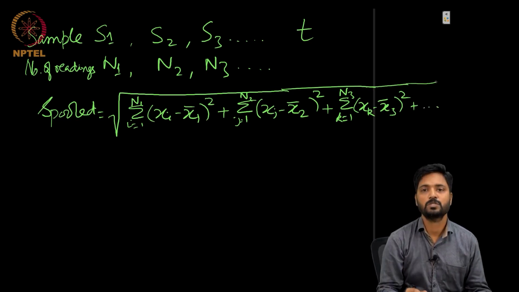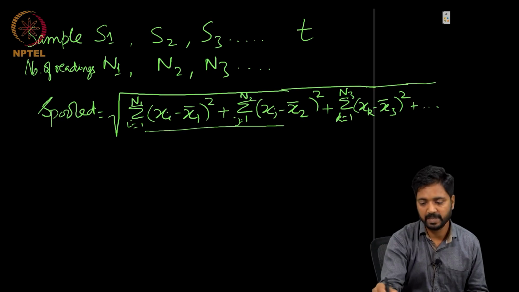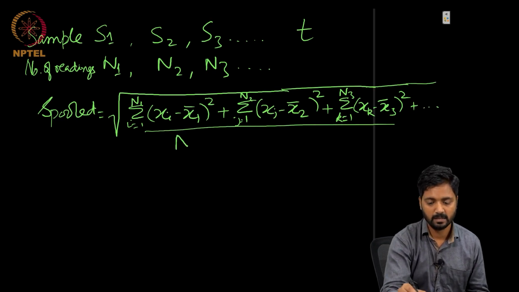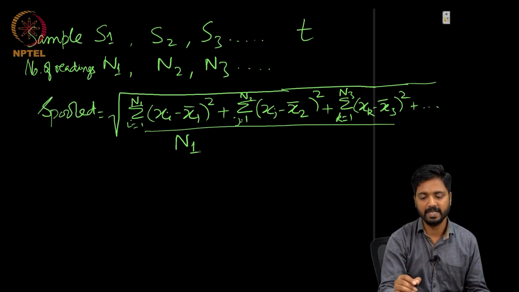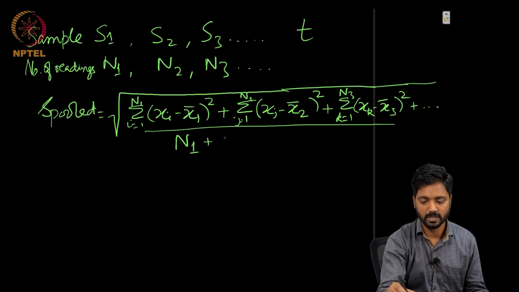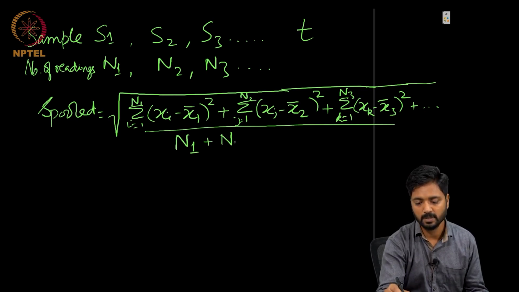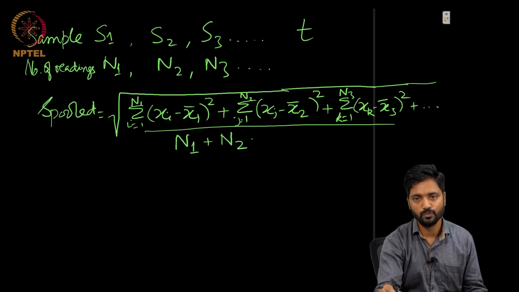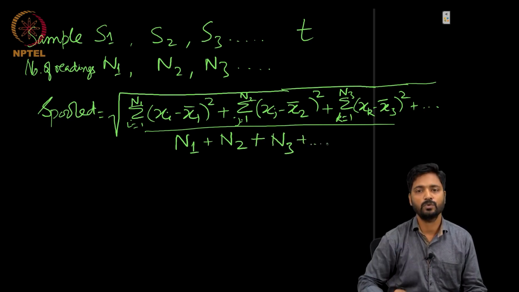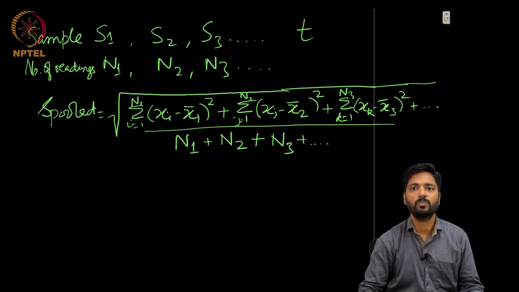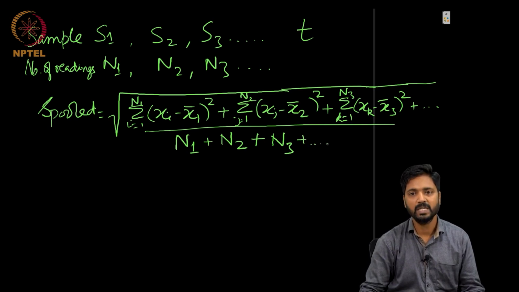which have been squared. Now these will be divided by the individual readings in each data set or in each sample, for example N1 for sample 1, N2 for sample 2, N3 for sample 3, and so on. But it is important to remember that we need to have the degrees of freedom in the denominator.